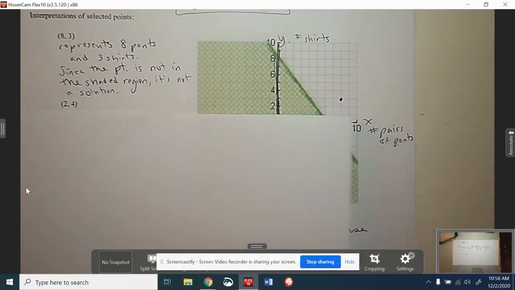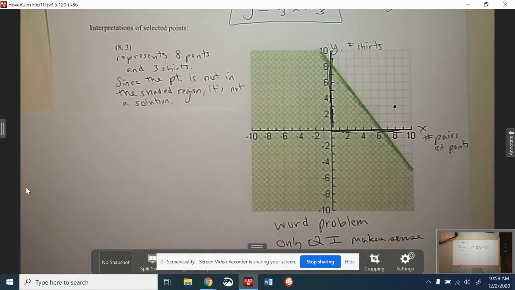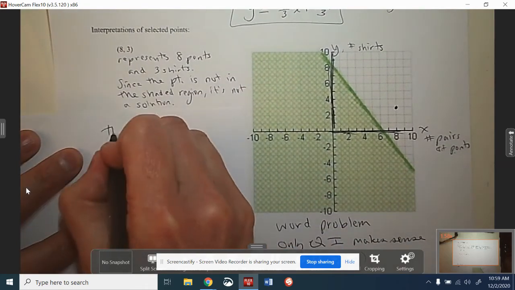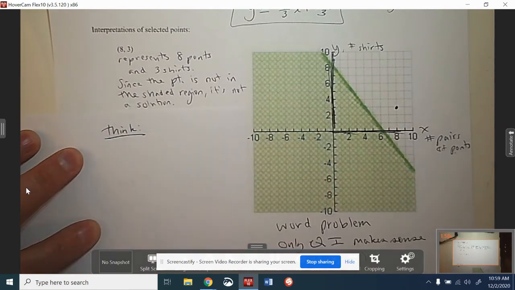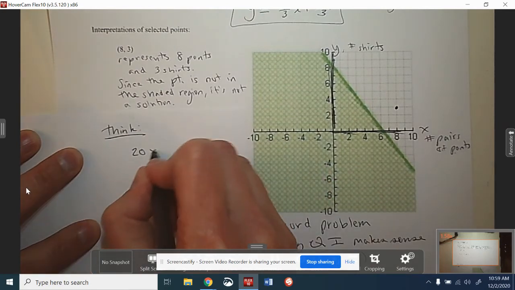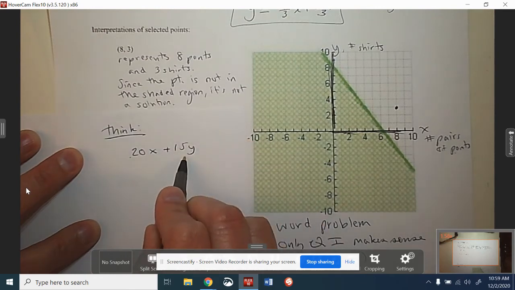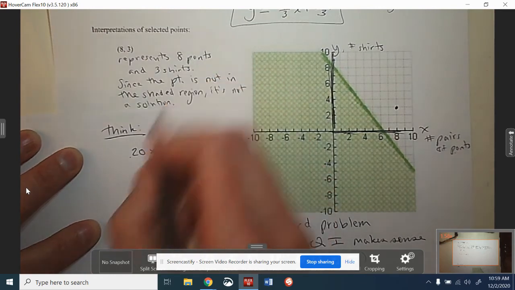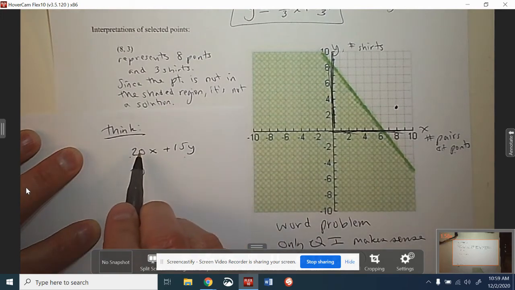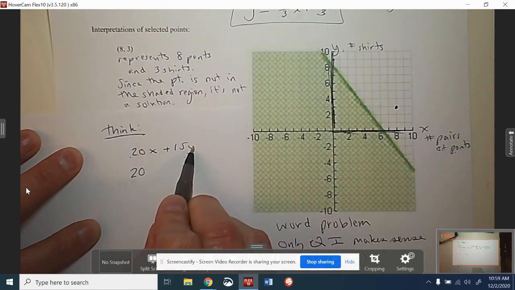Okay. So if we look at this and think about it, so you don't have to write down this part, about the equation that we wrote. We have 20 per pair of pants that it costs and 15 per shirt that it costs. If we were to buy 8 pairs of pants, I think I said that wrong before, 20 per pair of pants and 15 per shirt.